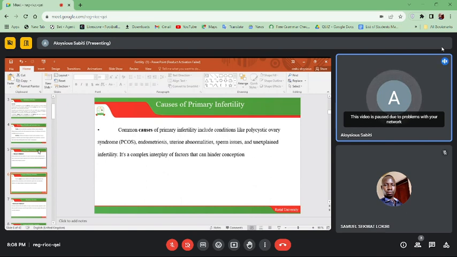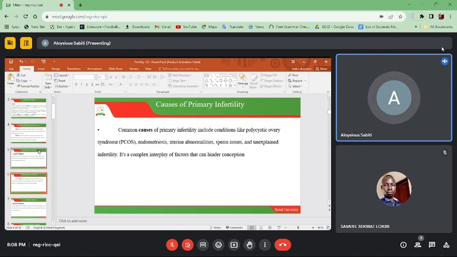So some of the common causes of this primary infertility include conditions like polycystic ovary syndrome, endometriosis, uterine abnormalities. We're looking at sperm issues and unexplained infertility. It's a complex interplay of factors that hinder conception. So sometimes we're looking at the inability of the ovum to be fertilized.